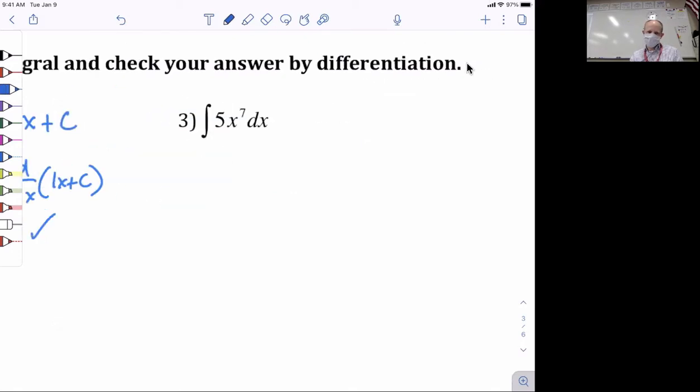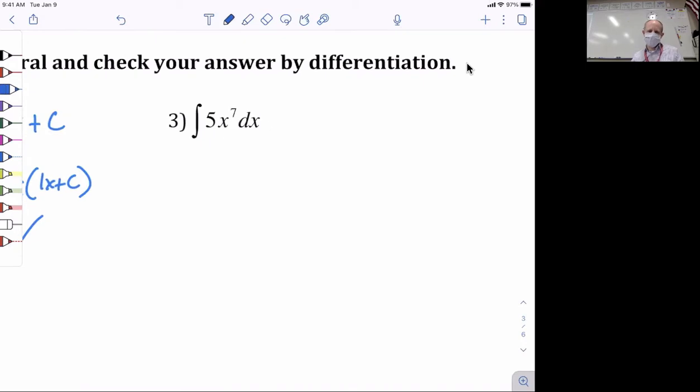All right, let's give this one a try. It's the antiderivative of 5x to the 7th with respect to x. So what we have here is we're going to leave the 5. That's a constant multiple. So that is just going to hang in there. We're going to raise the power by 1 up to 8, and then we're going to divide by that new power. And then add our constant of integration.